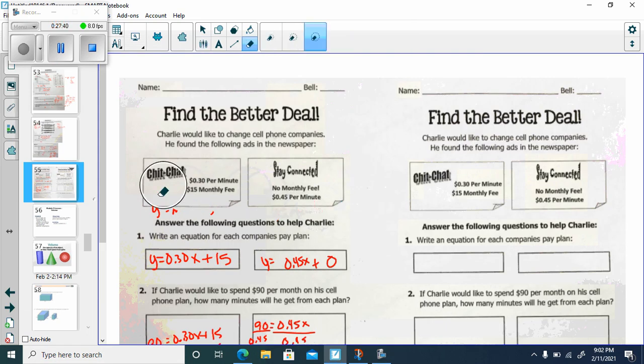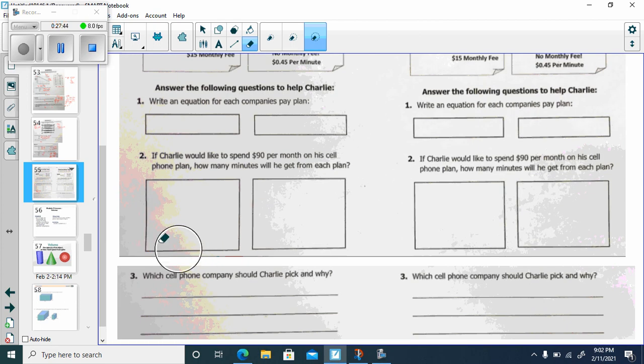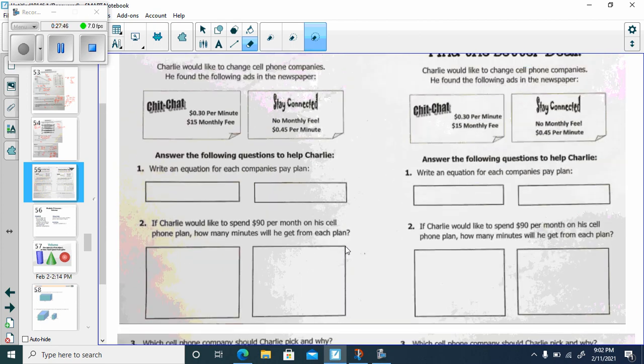And then finally, find a better deal. You'll notice that both sides of these are exactly the same. They were designed to be cut apart, so sorry about that, guys. Answer the following questions to help Charlie. You've got cell phone companies, and Chit Chat charges 30 cents per minute, $15 monthly fee. Write the equation.